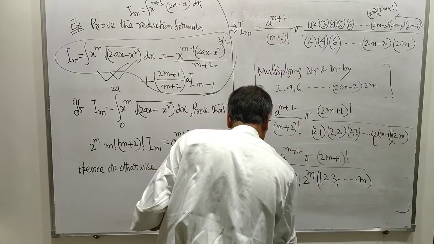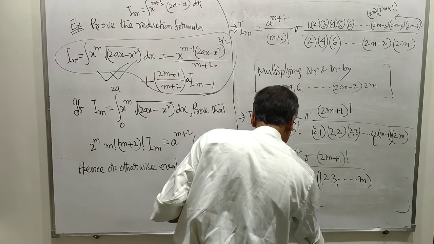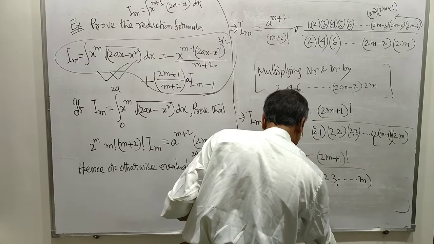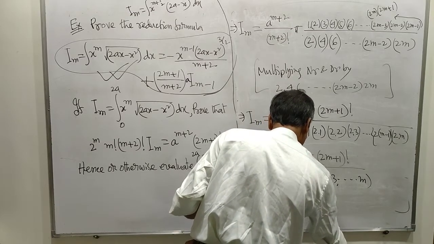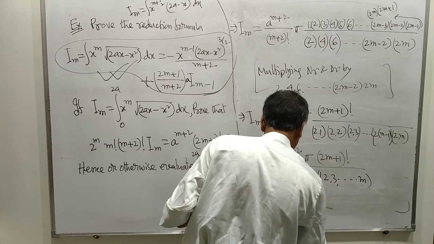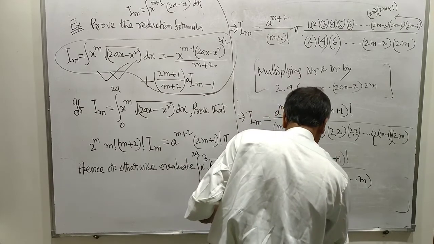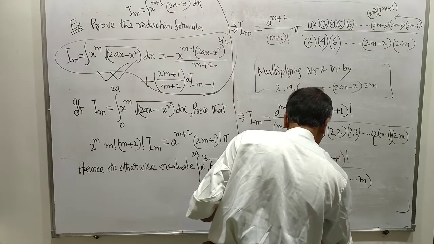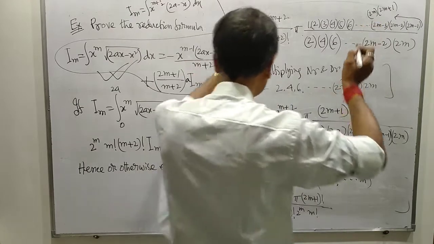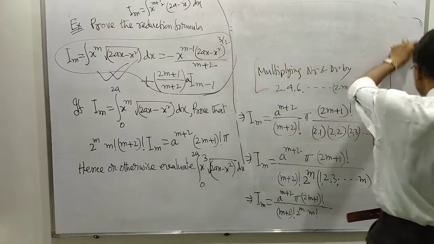This means I is equal to a to the power m plus 2 pi twice m plus 1 factorial divided by m plus 2 factorial, 2 to the power m into factorial m. I am writing again here because of the camera.